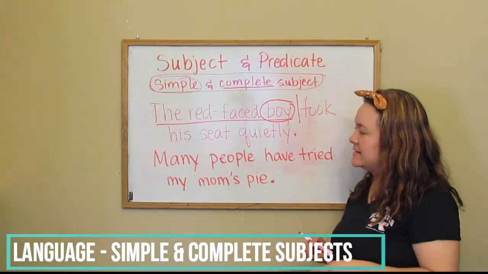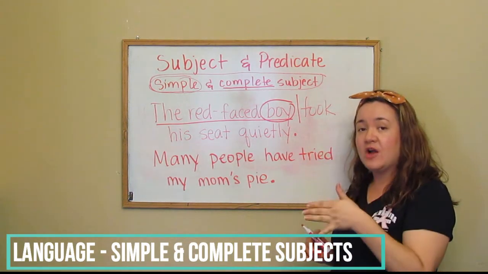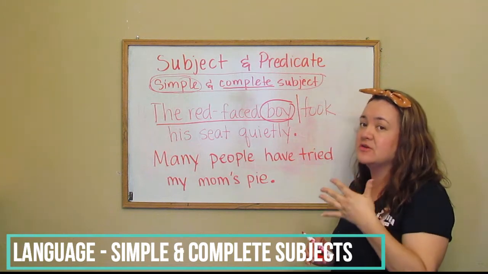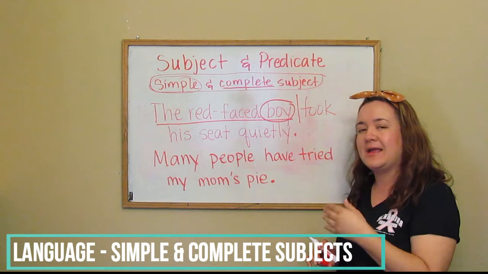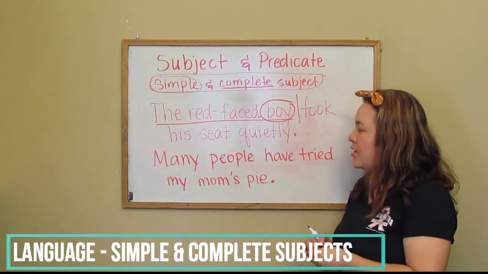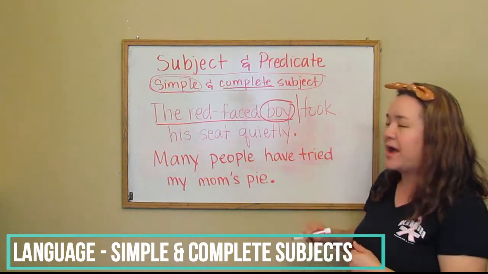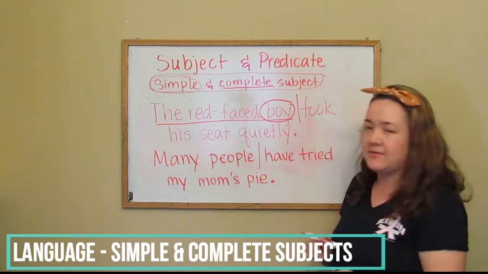So in this sentence, we're gonna draw a line between our subject and our predicate. So asking ourselves, who is the sentence really about? Many people have tried my mom's pie, and sometimes reading the sentence once, twice, 3 times will work. So many people have tried my mom's pie. Of course, it's going to be about people. It's not about the pie. So I'm going to draw my line right there.